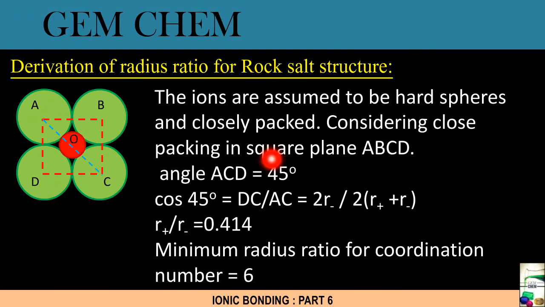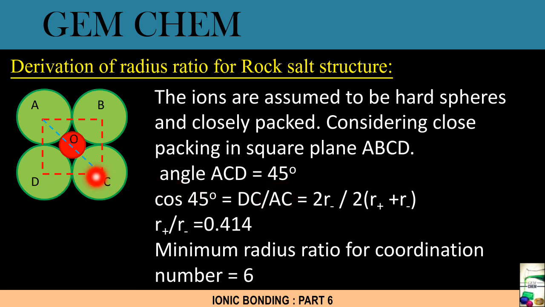Now we will see the derivation of the radius ratio for the rock salt structure, and this is very easy. Rock salt forms an octahedral structure. So if we consider hard spheres closely packed, and consider the close packing in a square plane ABCD, then angle BCD is 90 degrees, and this AC is the bisector, so angle ACD will be 45 degrees, and cos 45 gives us DC by AC.